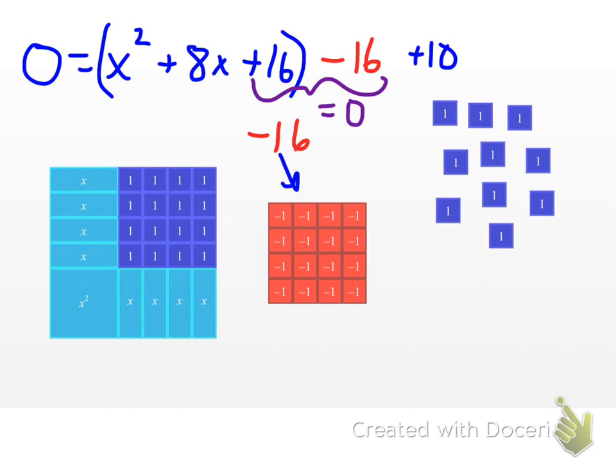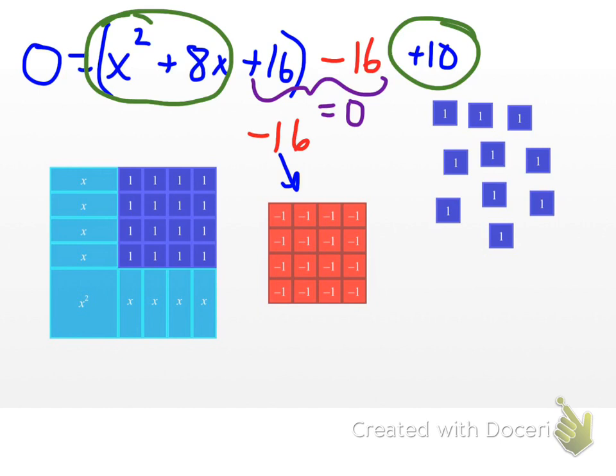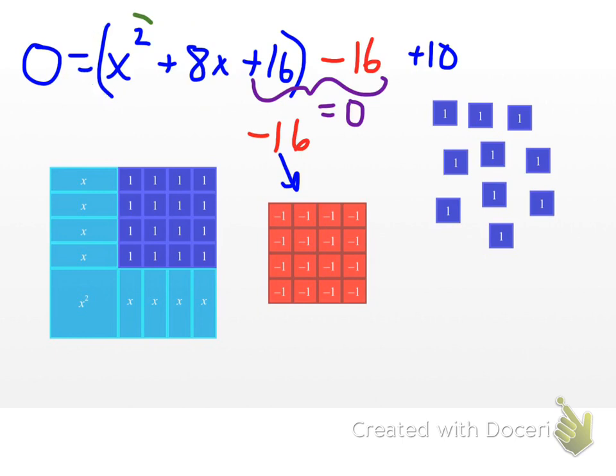So now my original problem was the x squared and the 8x and the 10. I've added 16 and subtracted 16, which essentially means I added 0 to the original problem. But the only reason why I do this plus 16 is to build this square.